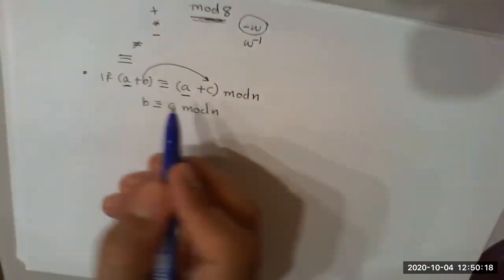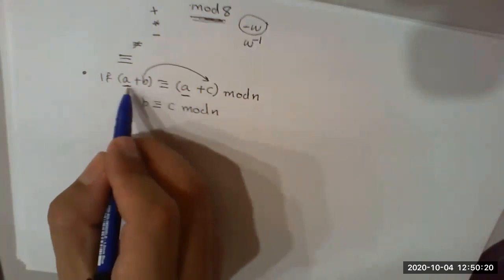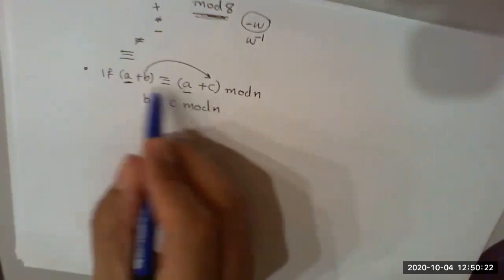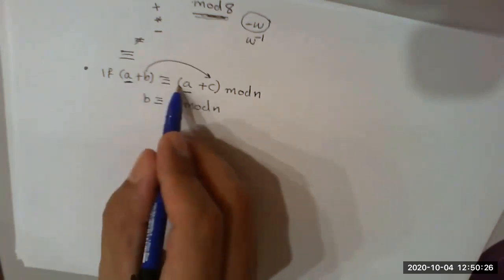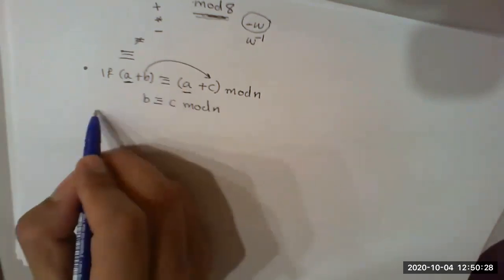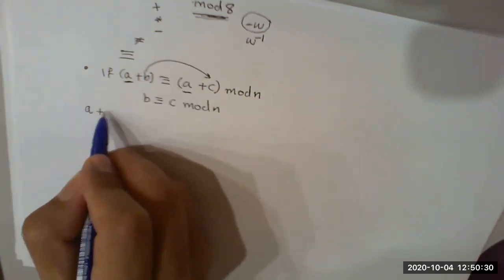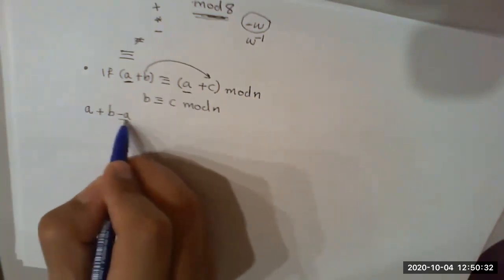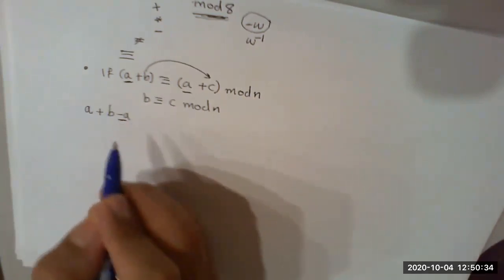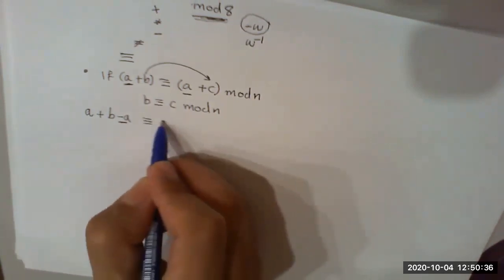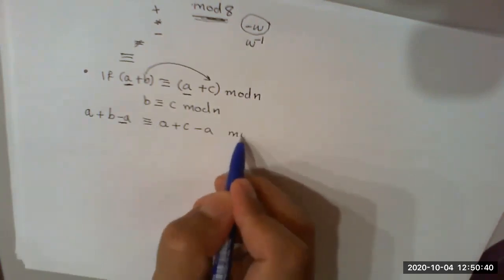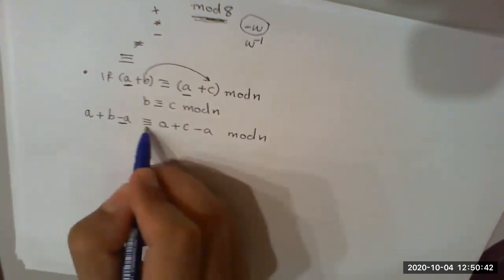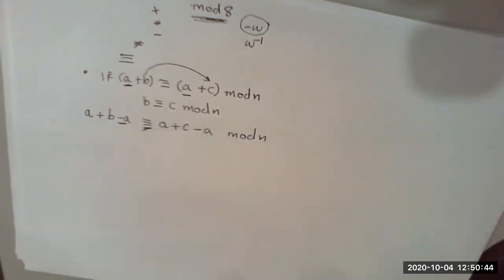For example, I can add the additive inverse of A, minus A, to the left-hand side and minus A to the right-hand side. This means I can say A plus B minus A, which is the additive inverse of A, equals A plus C minus A mod n, or congruent. This is not equal, it is congruent.